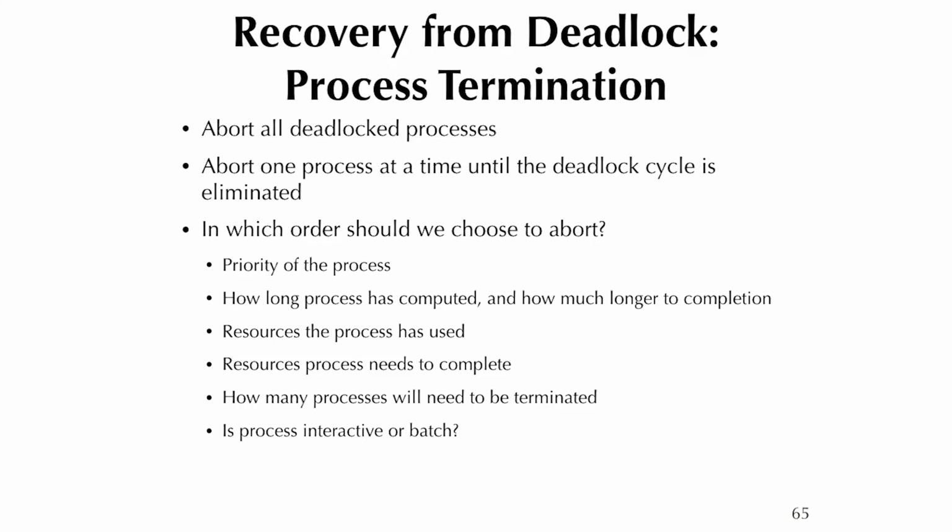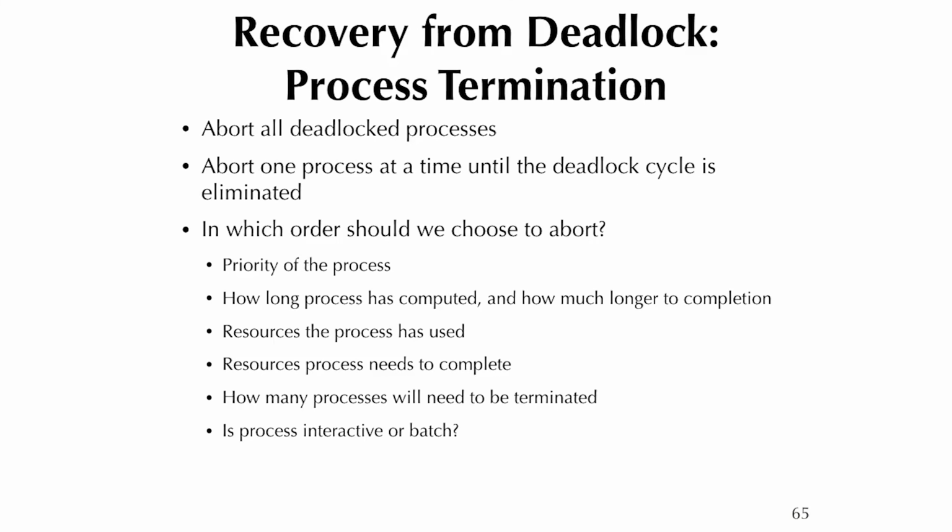Or you could randomly pick one and see if the other ones can make progress. Maybe they make a little progress, but then the remaining subset gets into another deadlock, or into deadlock with some other process. So you're just testing your luck, which is not very systematic.